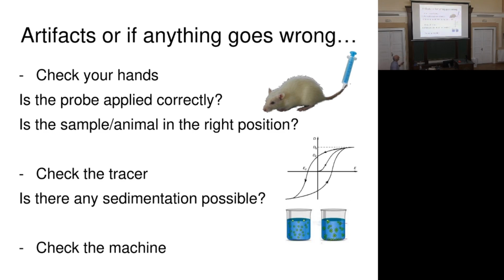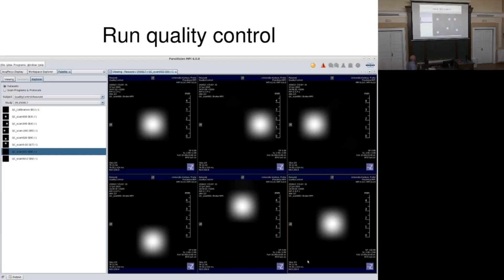Then you should check your tracer, because not all the tracers are stable in time. If there is some sedimentation, you might reach a situation that there's some hysteresis and different magnetization curve and so on. And check the machine at last if something is wrong.